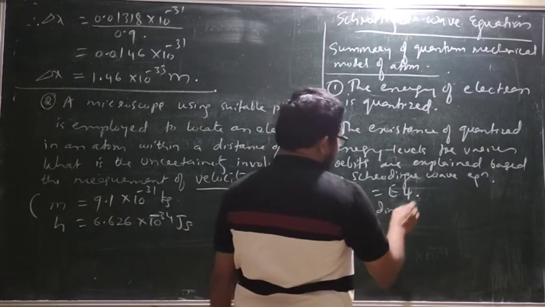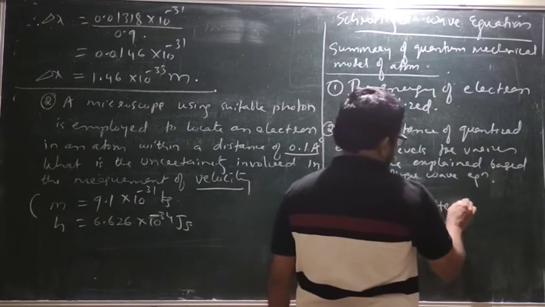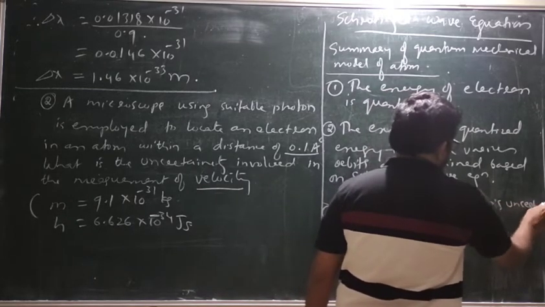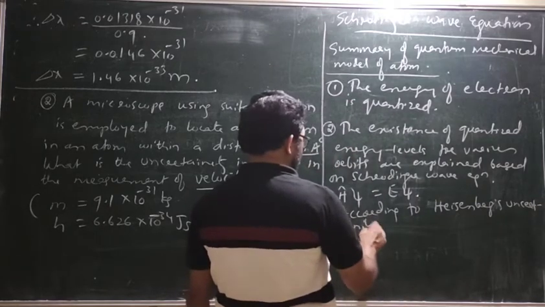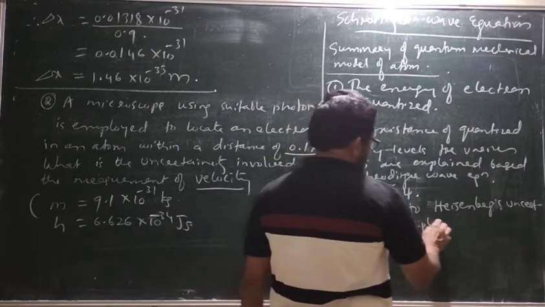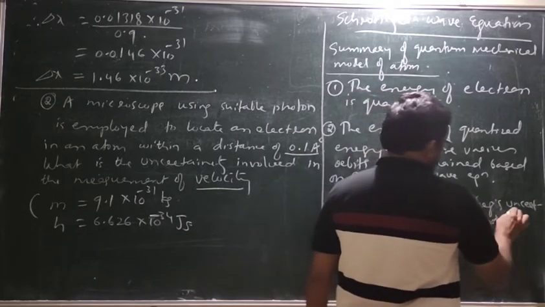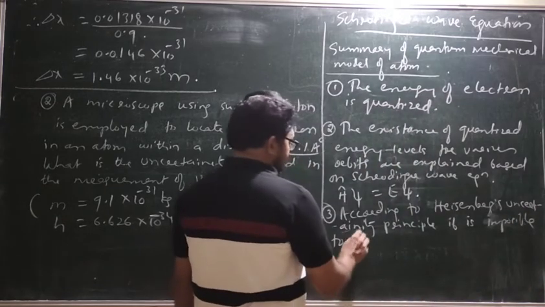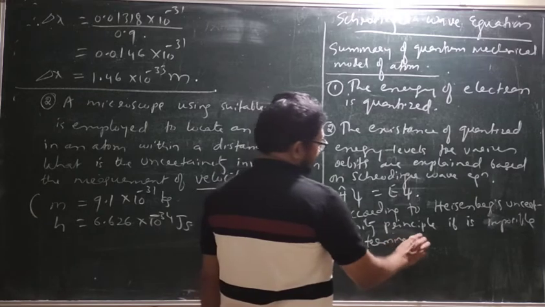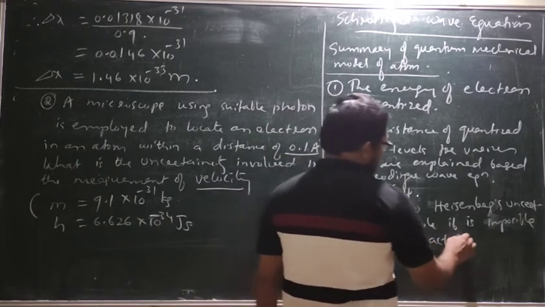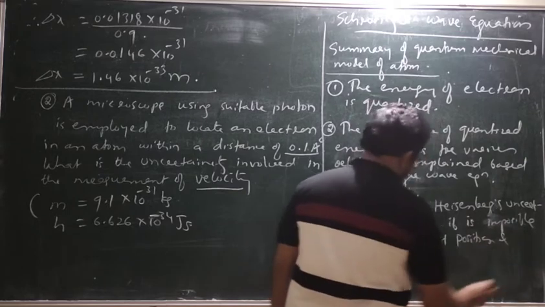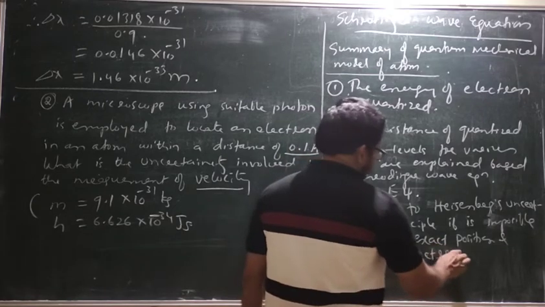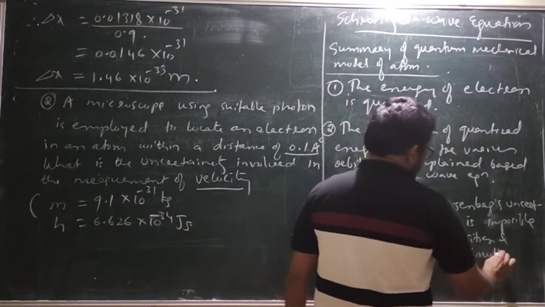According to Heisenberg's uncertainty principle, it is impossible to determine the exact position and velocity of an electron simultaneously.